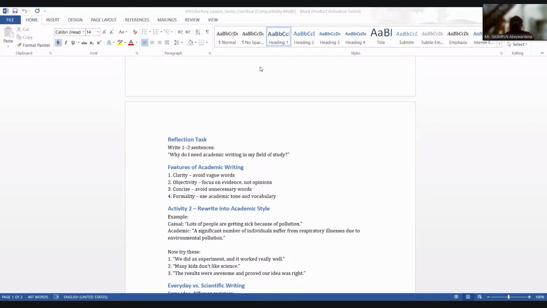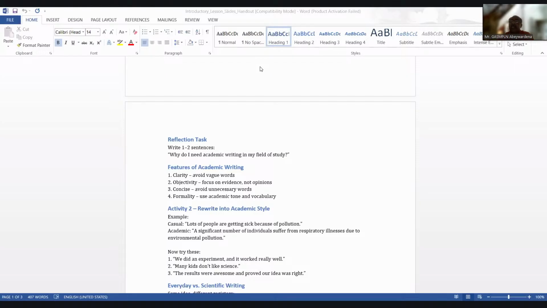Right? So you can correct this. I need, you can use it in passive. I need academic writing. When it comes to passive, what happens? Academic writing is required in any field.